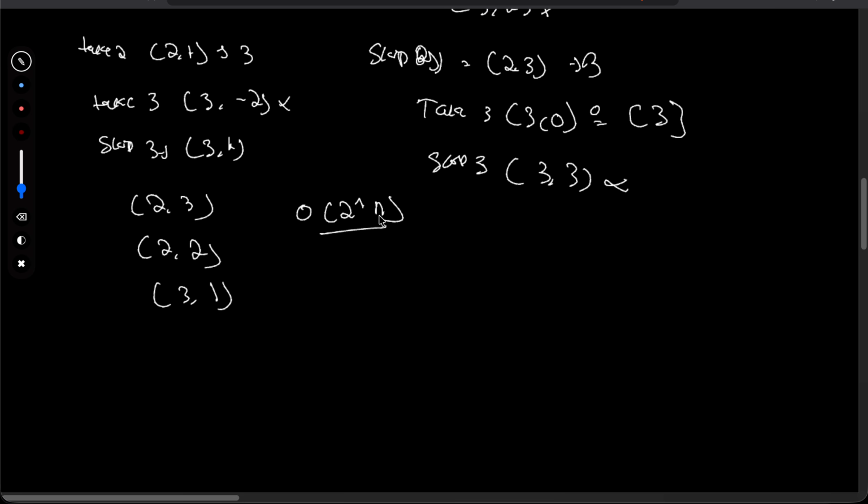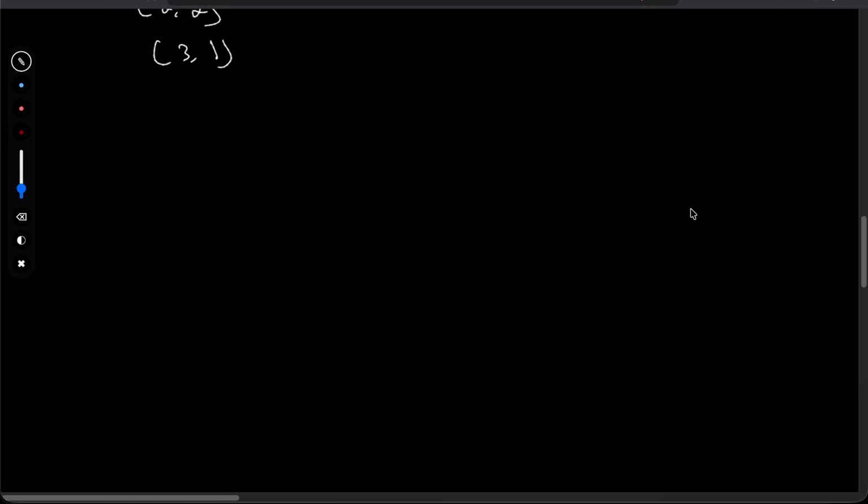So for this we are going to use memoization. The idea in memoization is: if I already solved I and target once, we don't solve it again. We just store the answer.